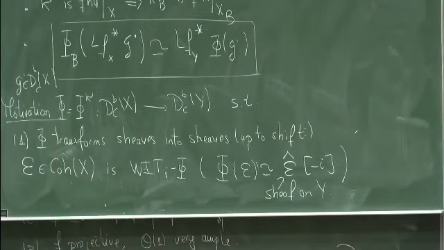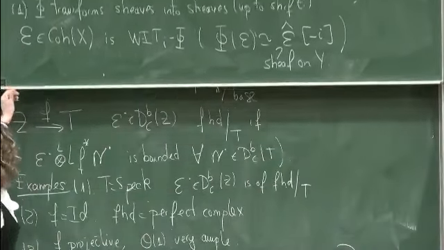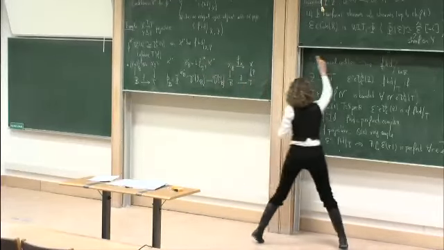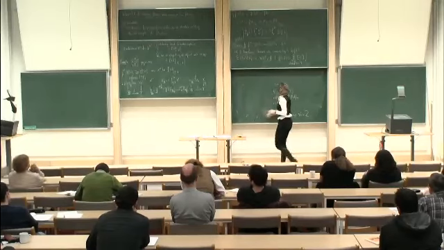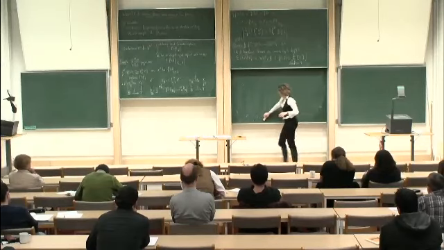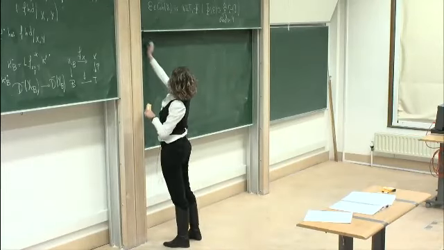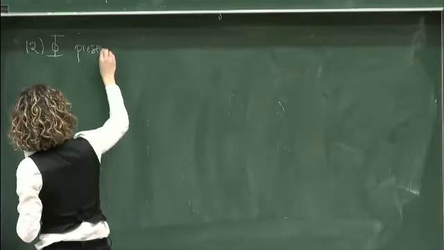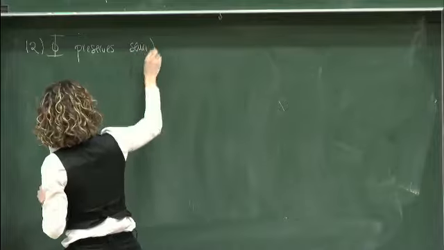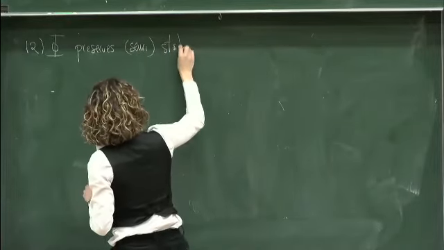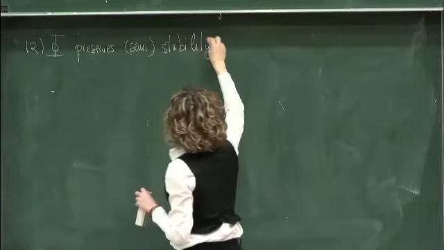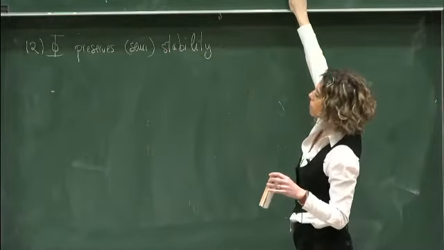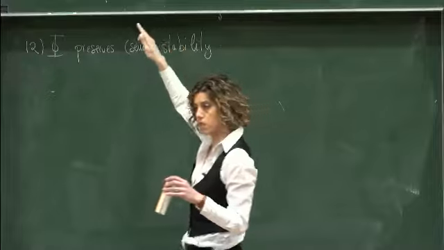Your functor has this property, and moreover, phi preserves semi-stability. In the sense that if you have a sheaf with some fixed invariants, and then you transform, you get this sheaf on Y that is also semi-stable, if E is semi-stable.